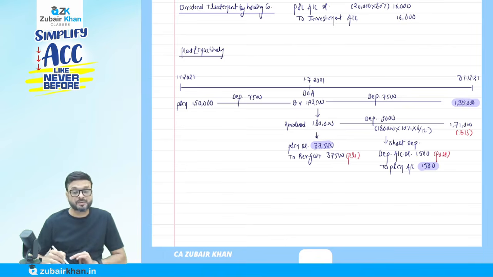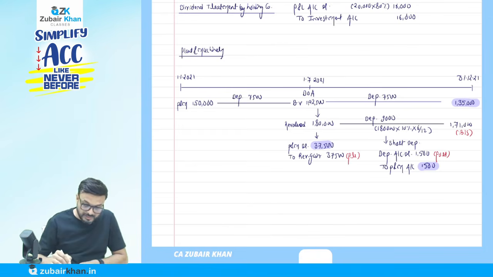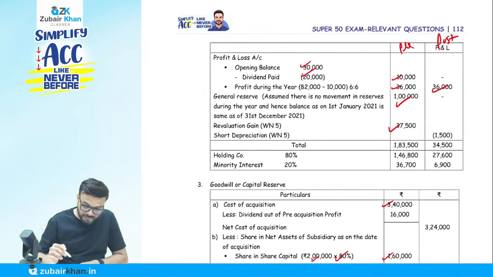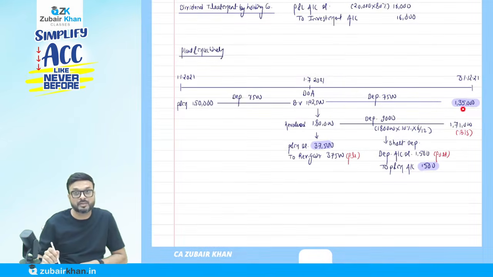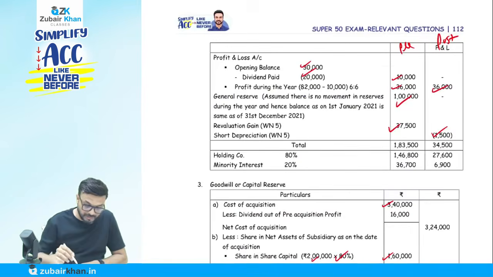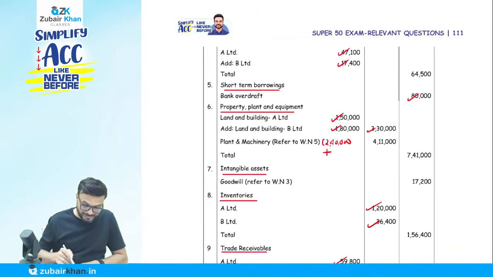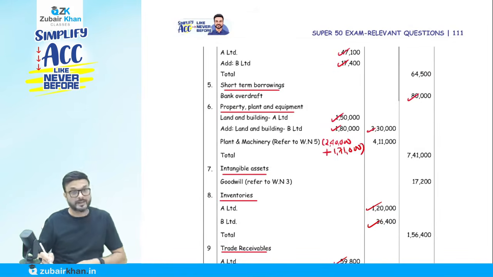Where will this come? Post, because we have acquired the shares here and we are charging depreciation for this period. It will come in post. You can see that in the post column, this 1,500. Now, if you see the value appearing in the balance sheet, it is 1,35,000 plus 37,500 minus 1,500, which comes to 1,71,000.